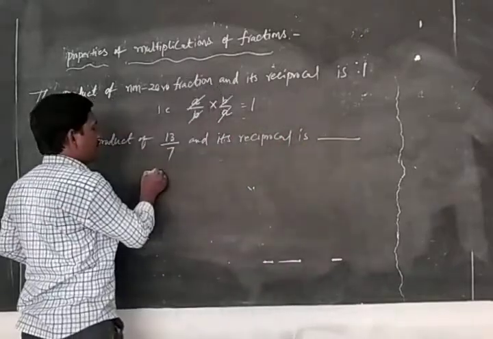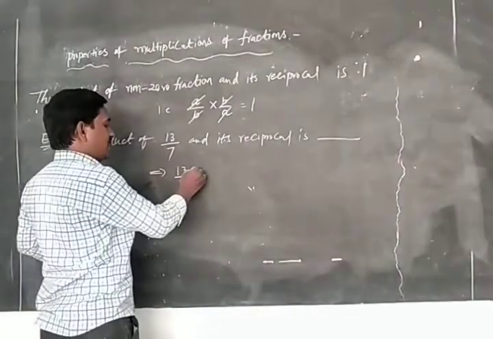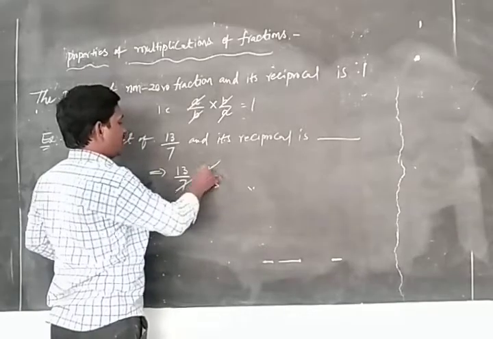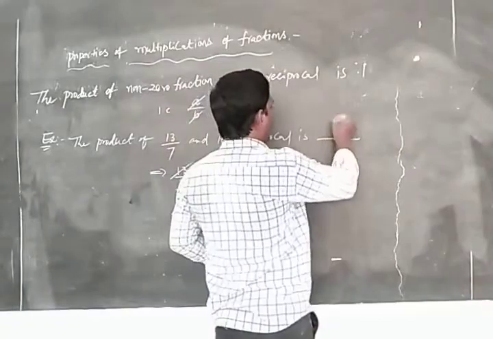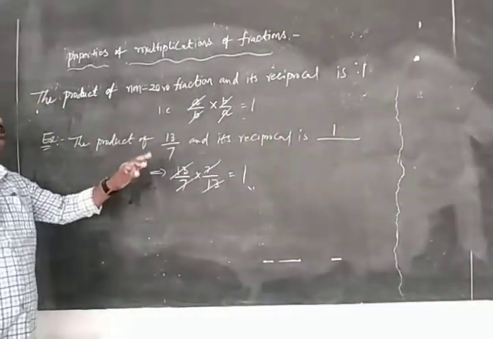So the answer: fraction 13 by 7, its reciprocal 7 by 13. 7 7 cancel, 13 13 cancel. That is 1. What is the answer? 1. So the product of a non-zero fraction and its reciprocal is always 1.